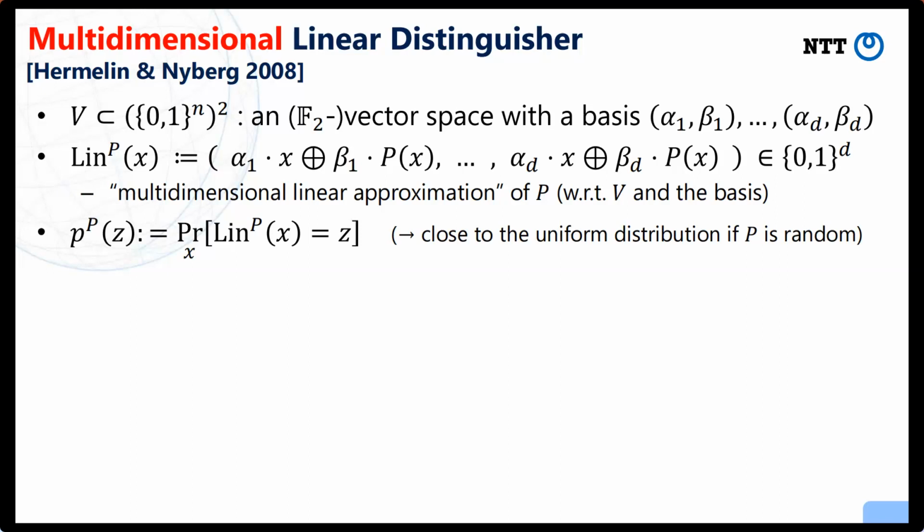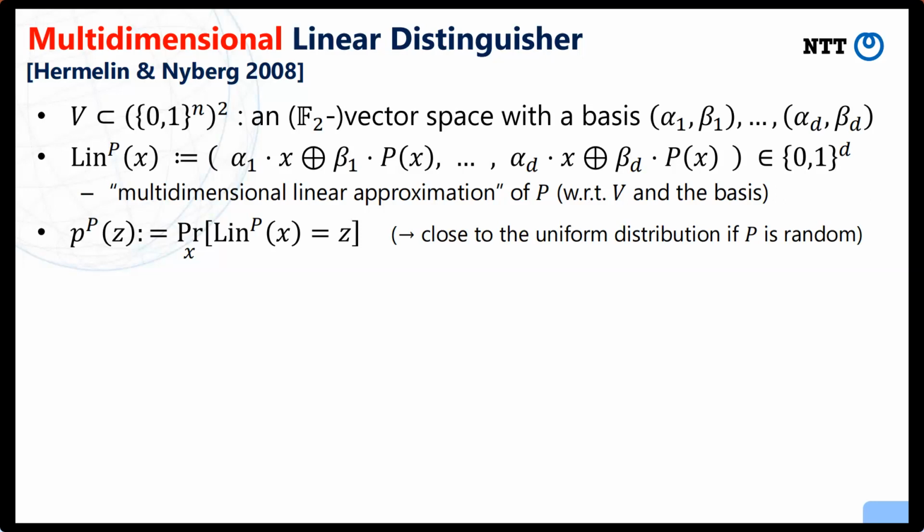The first bit of F of x is the linear approximation by alpha 1 and beta 1, and the second bit is the approximation by alpha 2 and beta 2, and so on. This function is called the multidimensional linear approximation of P. Then define some probability distribution like this: P of D is the probability that the function takes the value D when we choose x uniformly at random.